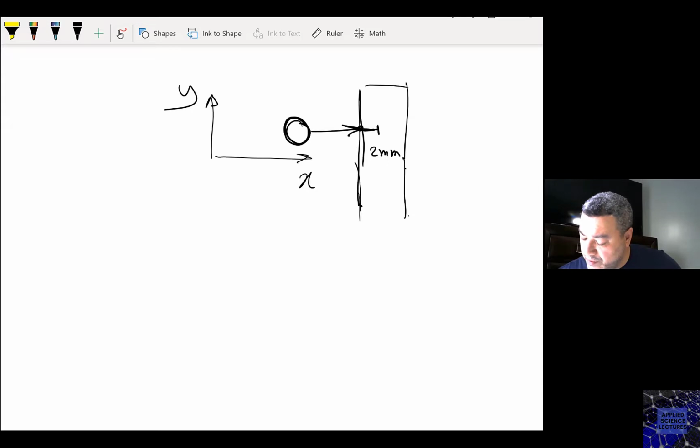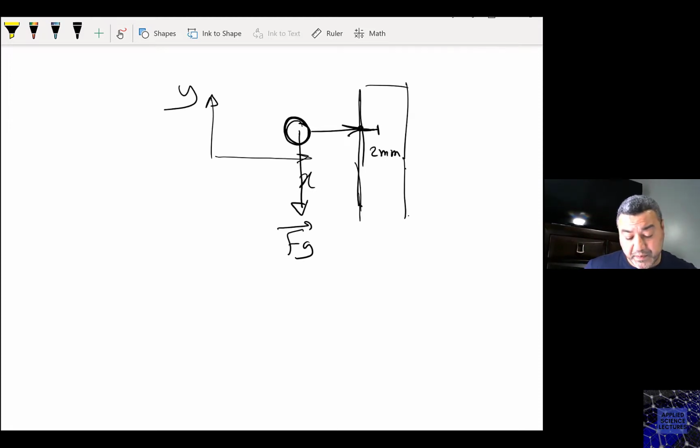Now the gravitational force for the head is right here, perpendicular, but there was no information given about the bird physical. Okay, so in this case, I'm sure something is going to cancel when it comes to the mass.